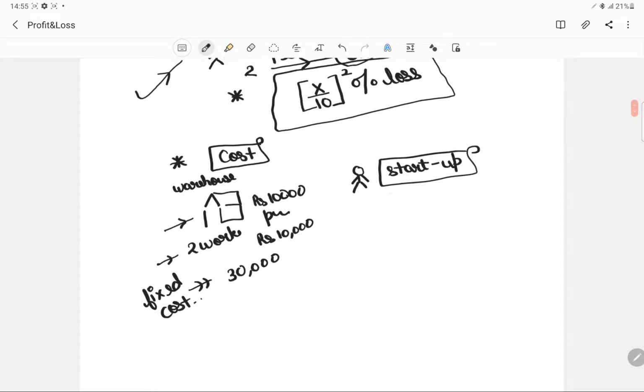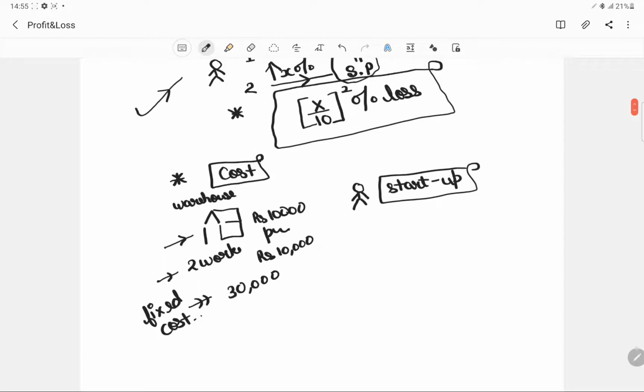Now, for instance, I am selling pencils. The entire making or the raw material costs me around rupees 5, and I'm selling it for rupees 10. So for every pencil, I'm having a profit of 5 rupees.